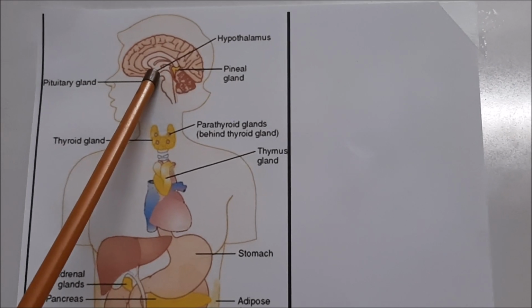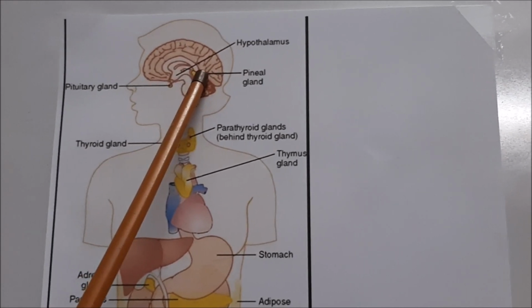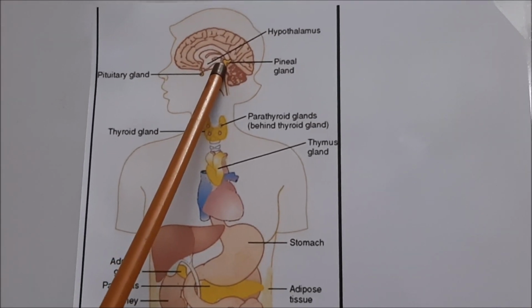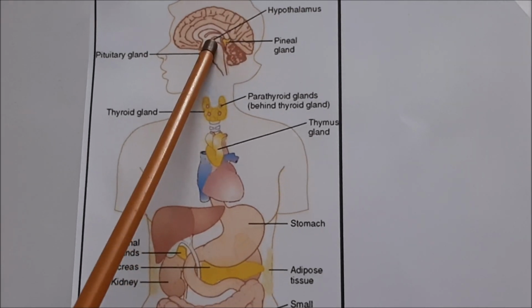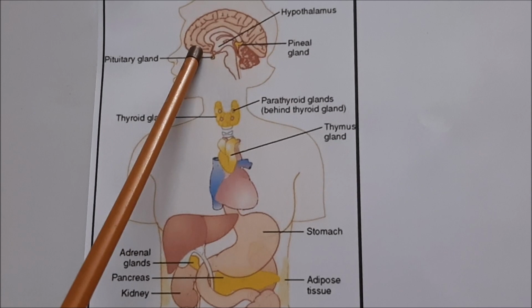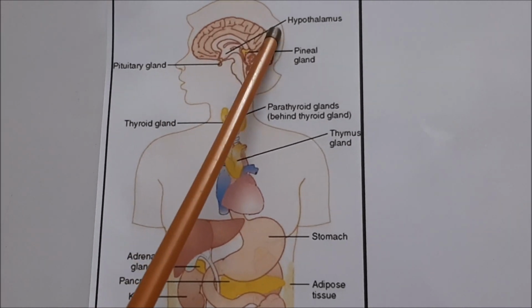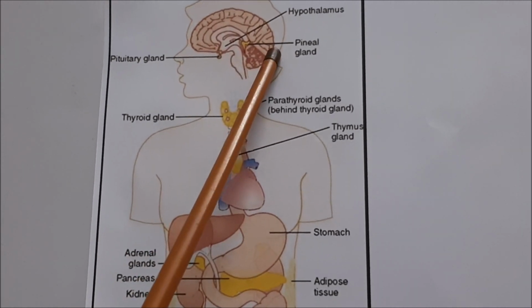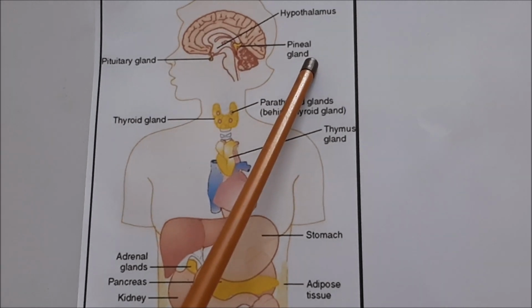Growth hormone releasing hormone, growth hormone inhibitory hormone, gonadotropin releasing hormone, thyrotropin releasing hormone, and corticotropin releasing hormone are all peptides except prolactin inhibitory hormone.